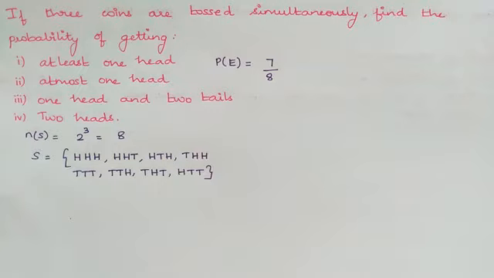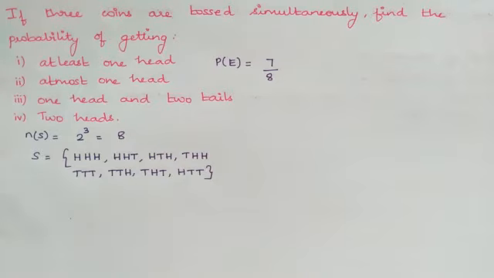So understand the difference between at least and at most. At least means from the given number to how much ever is there, everything you can take for the number of favorable outcomes. At most means that is the maximum limit, you cannot cross that given number.